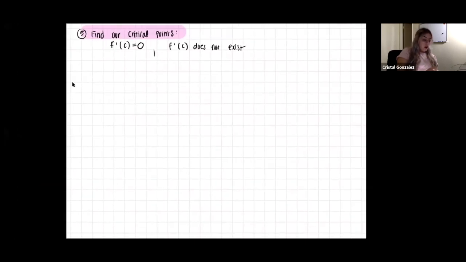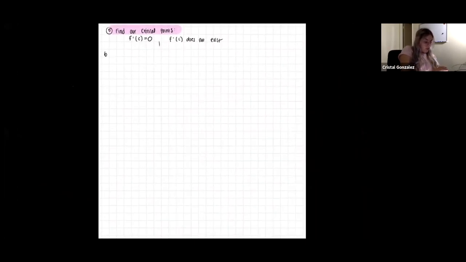And then our sixth way that we can graph our function is by finding our local extrema, by finding our intervals of increasing or decreasing.